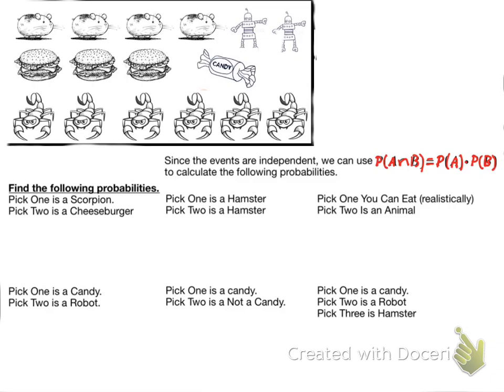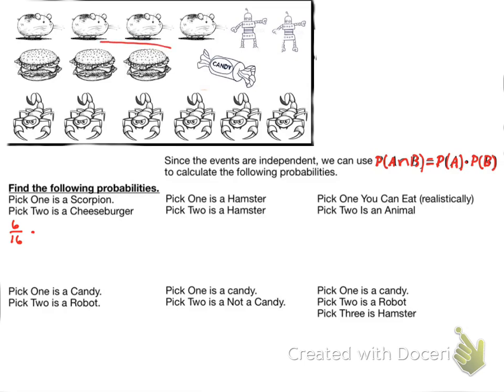So pick 1 is a scorpion and pick 2 is a cheeseburger. The probability of picking a scorpion for pick 1, we got 6 here, that's 6 out of 16, or you could look on the previous page. So that's 6 out of 16 times the probability pick 2 is a cheeseburger.